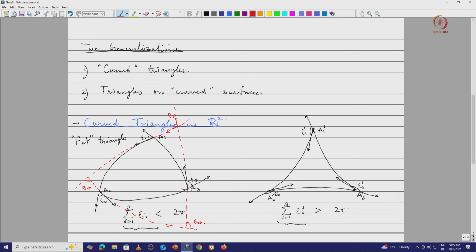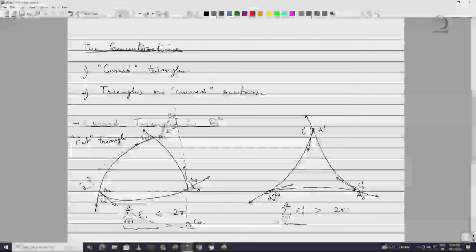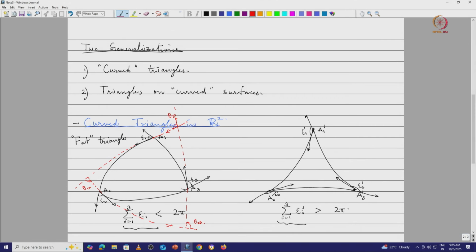On the other hand, let's come to the picture of the thin triangle. So here at A1 you start off with this tangent vector, at A2 you have this tangent vector. So it has moved from this to this, right. So this is the change, or the turning angle, of the tangent vector, which I will call theta 1 2 prime.